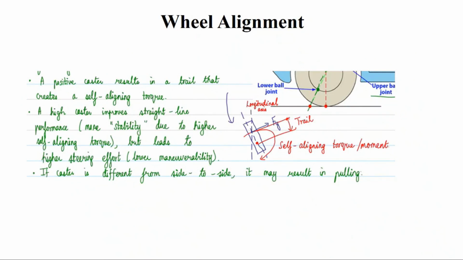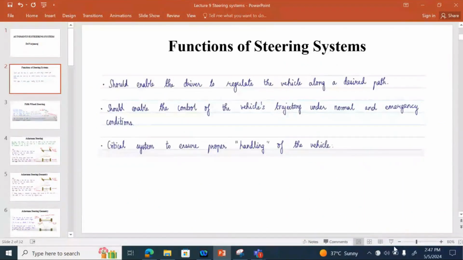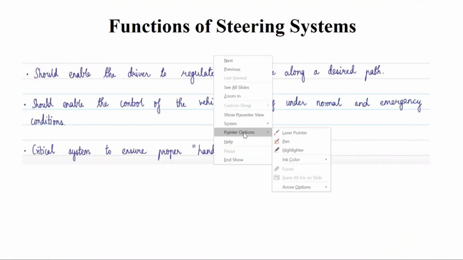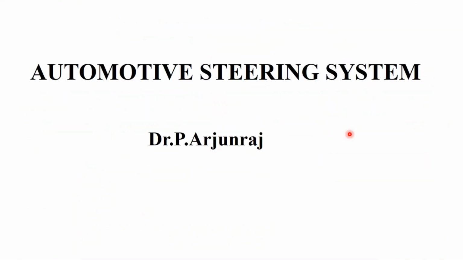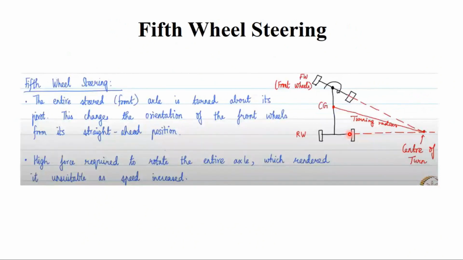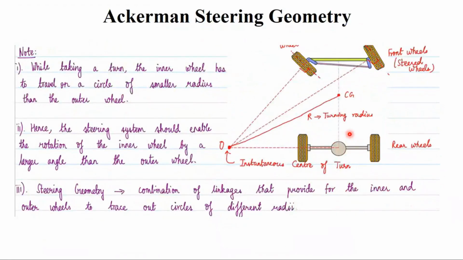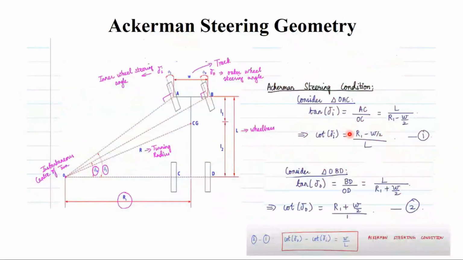So as a complete session, what we have seen today is with respect to the steering system. Just let us have a quick recap. So we have seen the automotive steering system functions. What is four-wheel steering? And we have seen the Ackermann steering system, and what the governing parameters are.